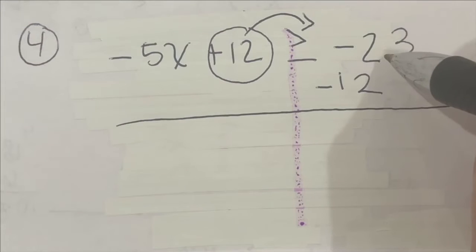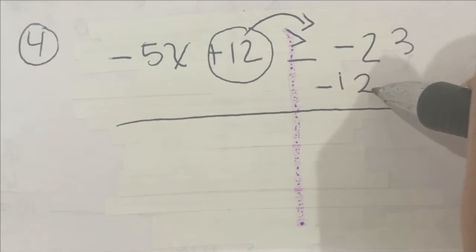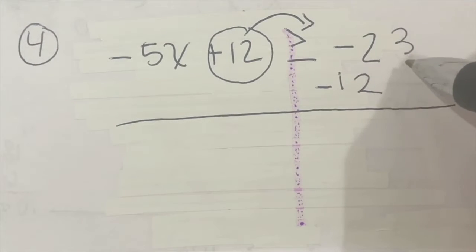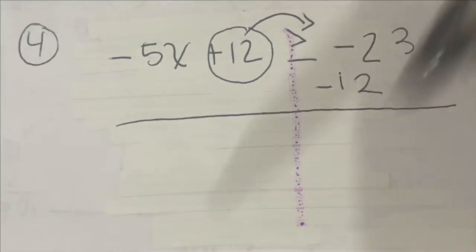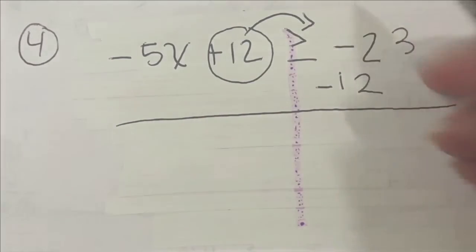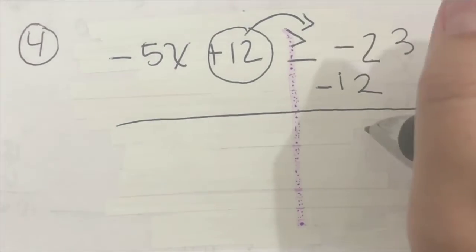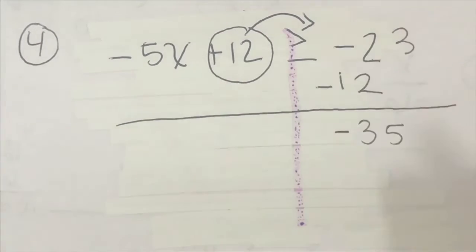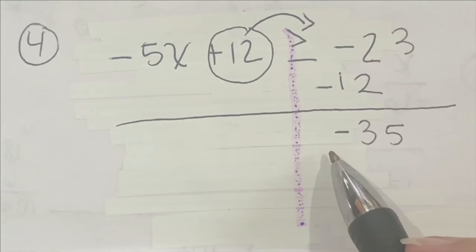So negative 23 and negative 12. When we combine those groups, remember I'm thinking about the tiles. 3 and 2 is 5, 2 and 1 is 3. So we have 35 negative tiles.